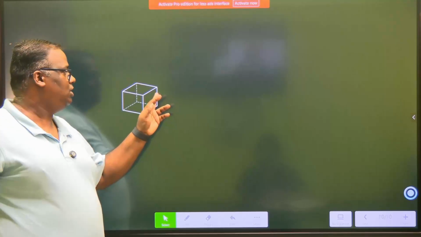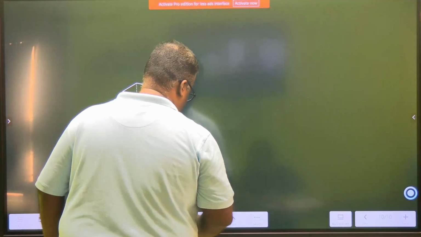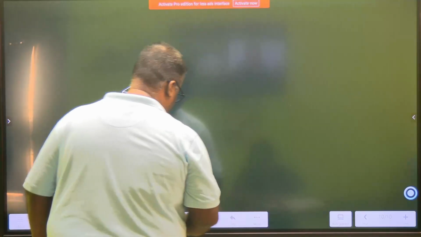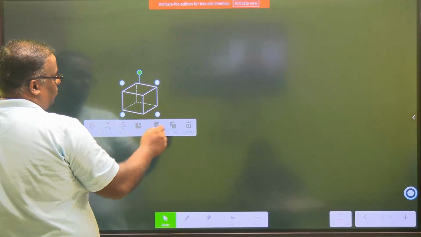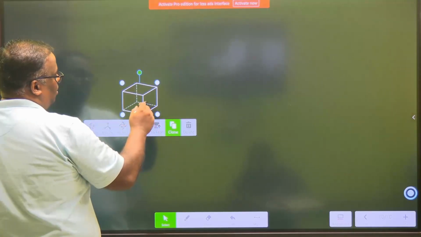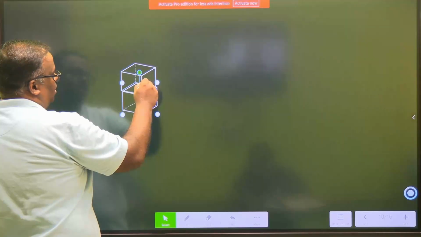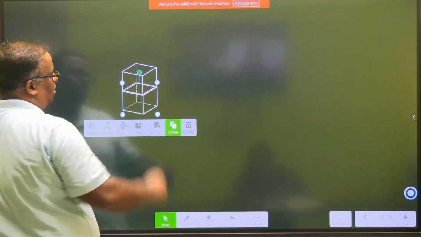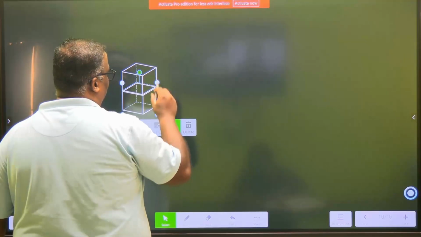Charge is somewhere here. Okay, so let's build this. The first cube will come here. Some gaps I'm leaving so that it becomes easy for you.